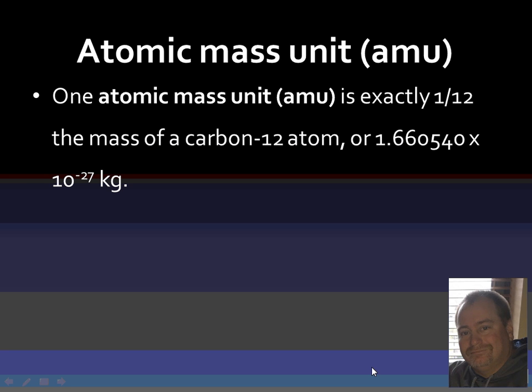So the atomic mass unit, which we abbreviate AMU, is exactly 1/12 the mass of a carbon 12 atom, or 1.660540 times 10 to the minus 27 kilogram.